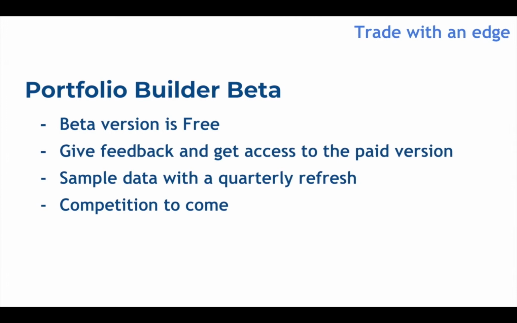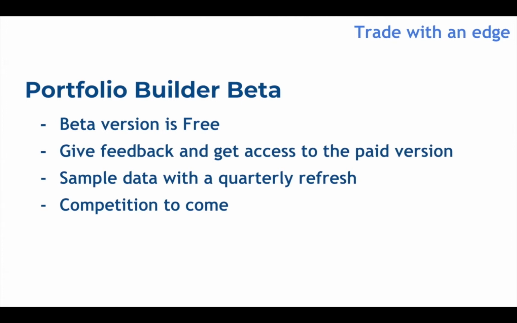With the Portfolio Builder Beta, we are going to share a sample set of data, which is going to get updated quarterly. This sample set of data is basically real performance of about 50 or 60 algorithms, it may vary from quarter to quarter, with weekly mark-to-market data.